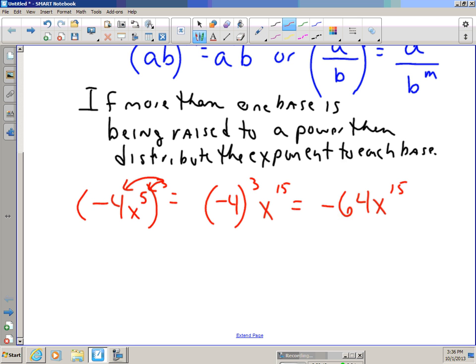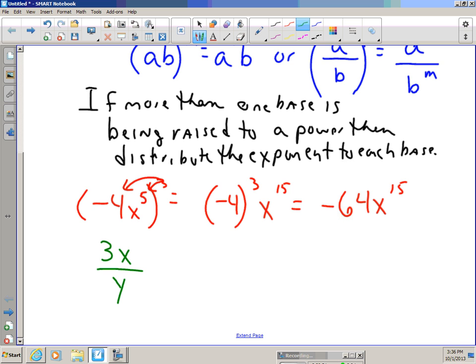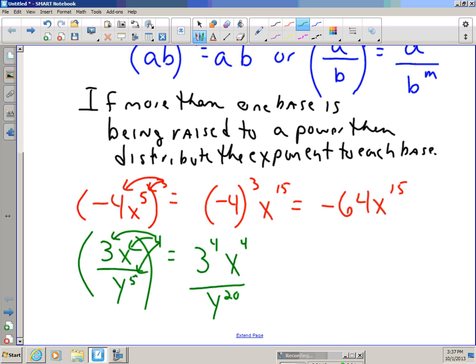As another example, if I had 3x over y to the fifth, all raised to the fourth power, this exponent of 4 would be distributed to all 3 of the bases to get 3 to the fourth, x to the fourth, y to the 20th, which we would simplify as 81 x to the fourth, y to the 20th.